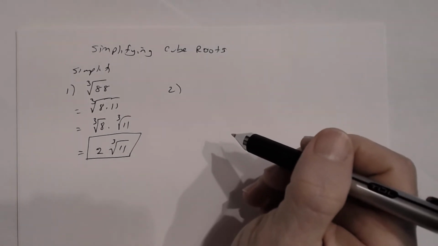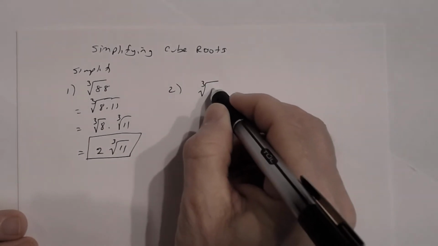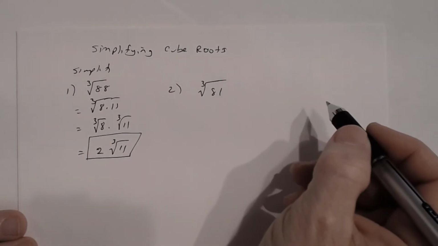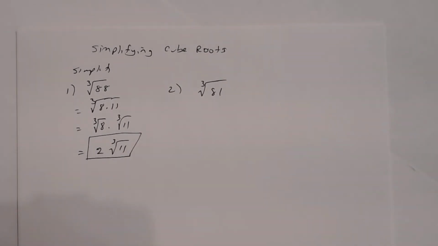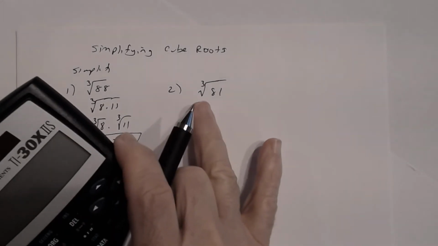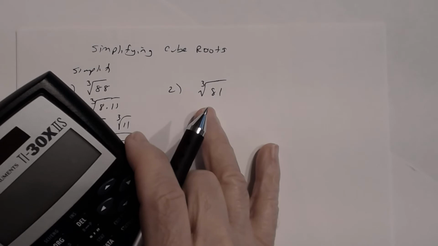All right. Okay, number 2, we have the cube root of 81. Now again, you have access to a calculator, so look at your perfect cubes and see if I can simplify this. So is there a perfect cube that goes into 81 besides 1?